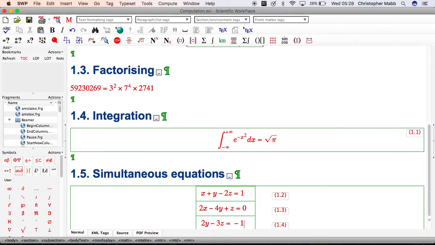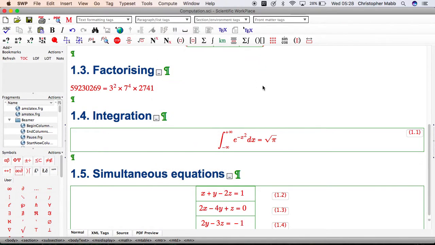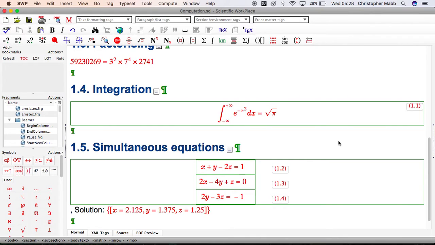So with the cursor in those equations, we have three unknowns, three equations: compute, solve, numeric. And there's our solution.